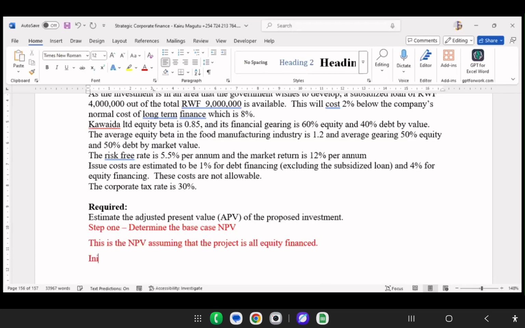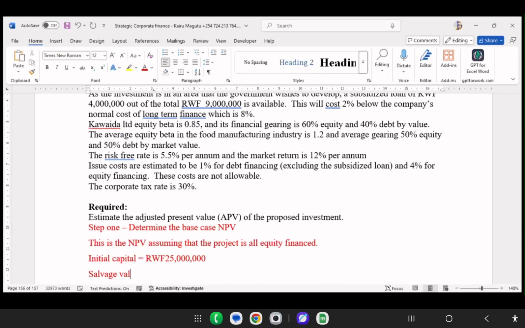We say that initial capital is equal to Rwandan francs 25 million. That is what we are given. Then we determine the salvage value.